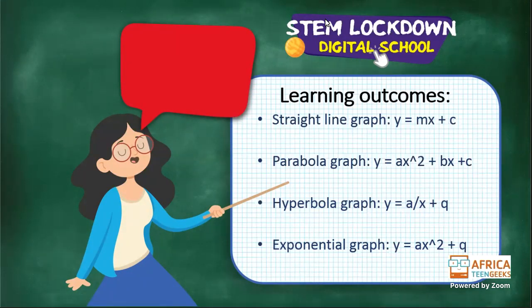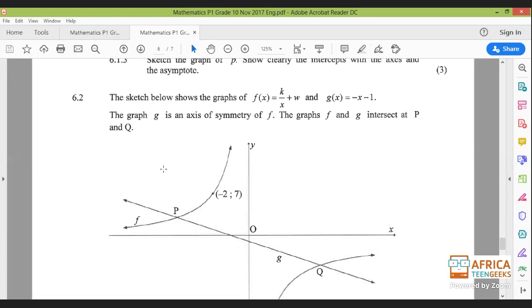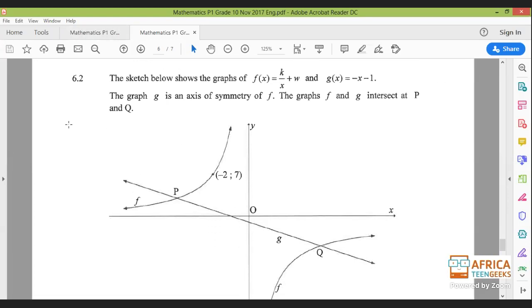Yesterday we were still busy with this. We're supposed to do 6.2. Basically 6.2 says the sketch below shows the graphs of f of x, which is k over x plus w, and g of x equals negative x minus 1.